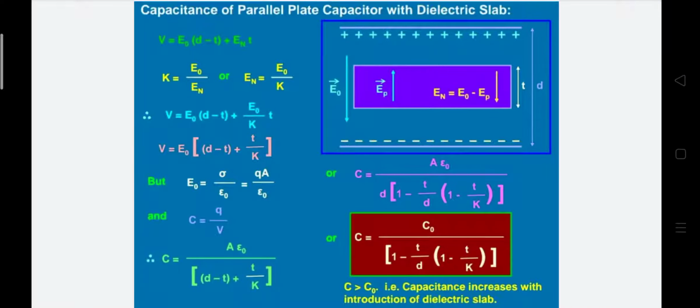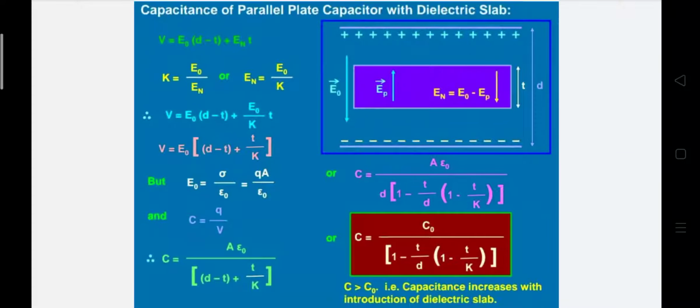If you look at the expression, C is equal to epsilon naught A upon D minus T plus T upon K. Now D minus T will be less than D, and T divided by K, with K greater than 1, will have a smaller value. So the denominator decreases, and the capacitance increases. So once we place a dielectric material between the plates of the capacitor, the capacitance increases.